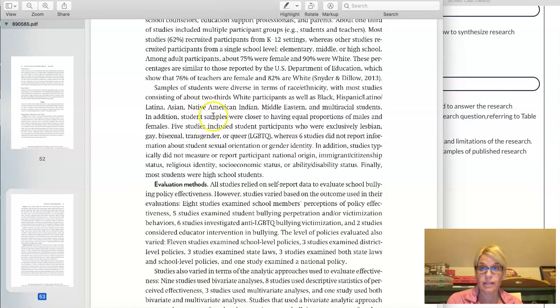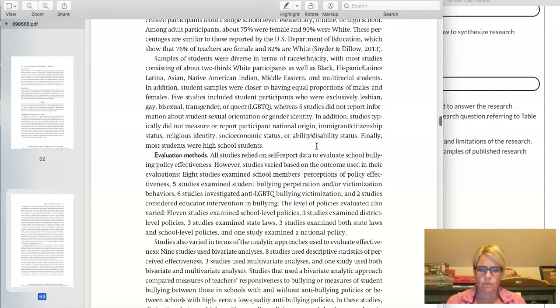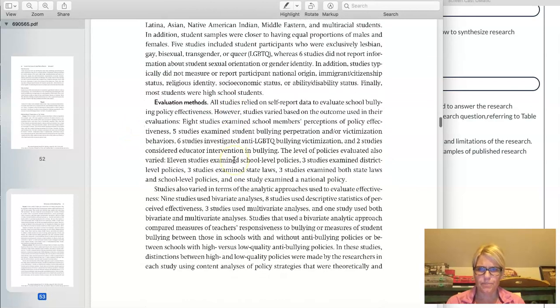It was good. They have here that student samples were close to having equal proportions of males and females, so that's always good. And then they just talk about other little qualities of the students.